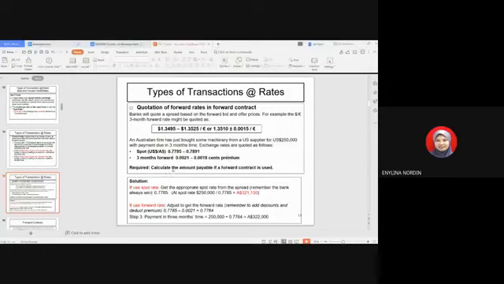If you are using spot rate, let's say the spot rate is between 0.7785 to 0.7891 per Aussie dollar. So the thing is, which rate will the bank use in this case? You have to know whether the company is buying the currency or selling the currency.